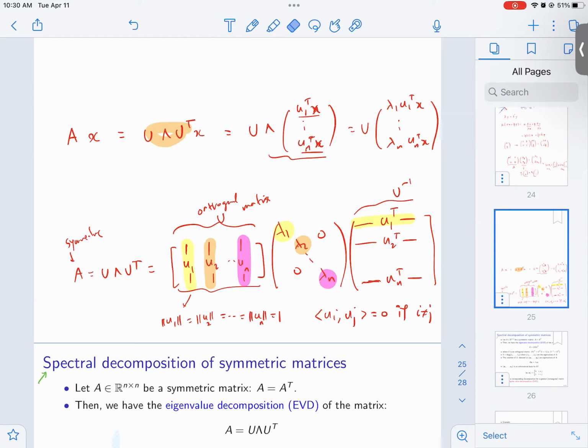And this decomposition is helpful to make every symmetric matrix basically act like a diagonal matrix.